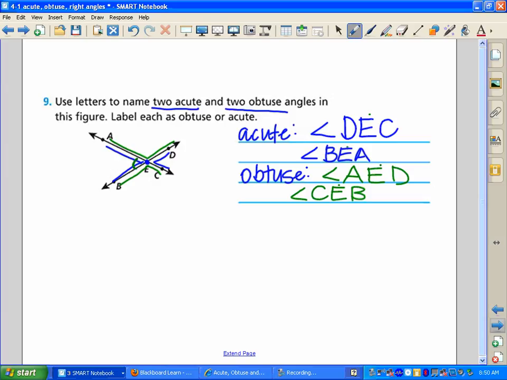Is that part less than 90? And if it's obtuse, is this one greater than 90? I'm not looking at how long the lines are, like that one's little and this one's big. I'm looking at that part in between where the lines connect. Because when I find an acute angle, it's little in between. And an obtuse angle is the longest.